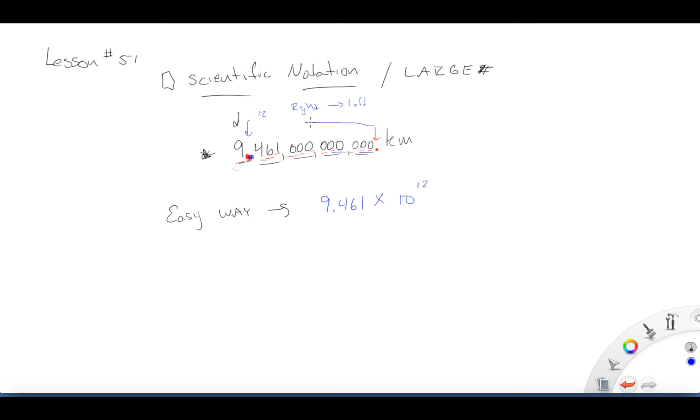When we go right to left, that means we add an exponent. In this case, it's a positive 12. If we were to go the opposite way, we would be subtracting an exponent, and you can have a negative here demonstrating that. We won't get to that quite yet, but I just want to give you some basics.